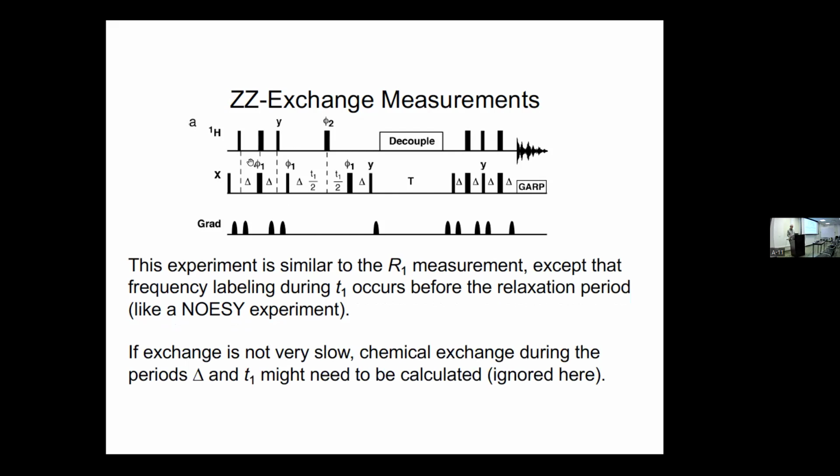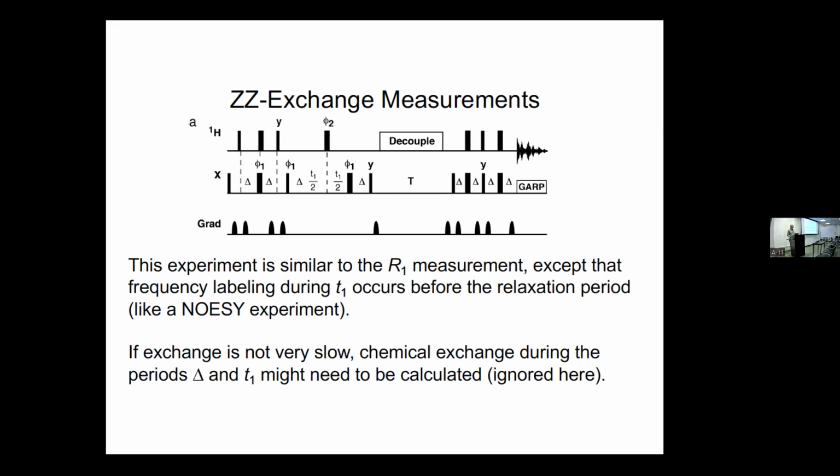Yeah, then of course, if exchange is relatively fast, there could be exchange during these delays, during the INEPT delays. You think, well, this is transverse magnetization, it's slow exchange, the sites are resolved.